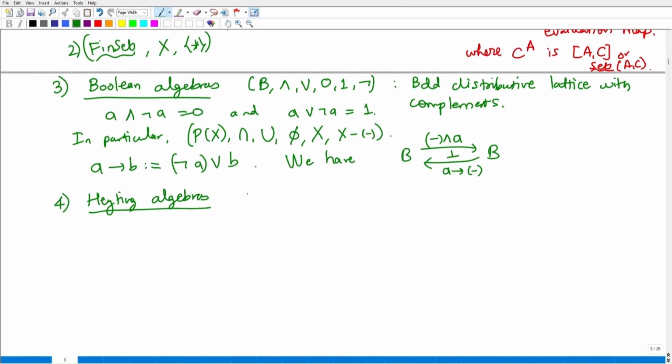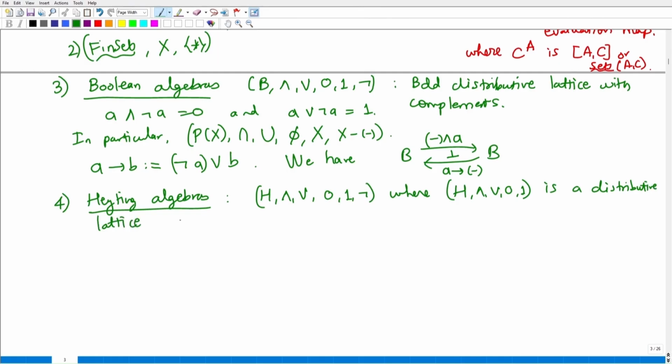Same thing, but it basically has this definition: H, meet, join, 0, 1 and implication, where H, meet, join, 0, 1 is a distributive lattice, and for each A in H, blank meet A has a right adjoint, namely A implies blank.